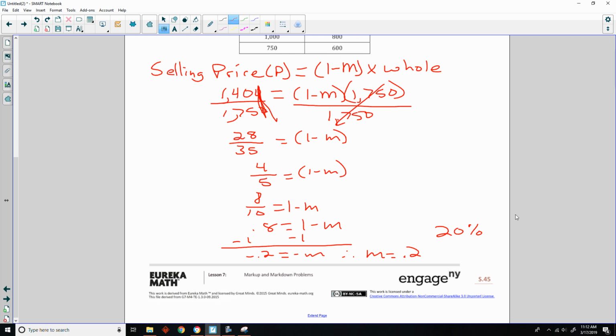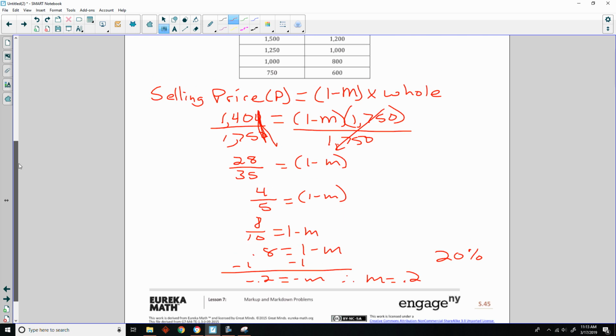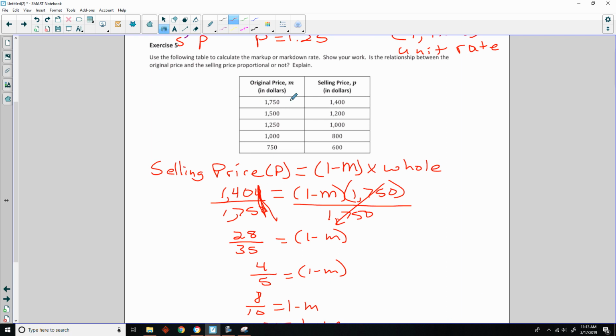So the markdown rate is 20%. Okay, so 20% markdown of 1,750 is $1,400.